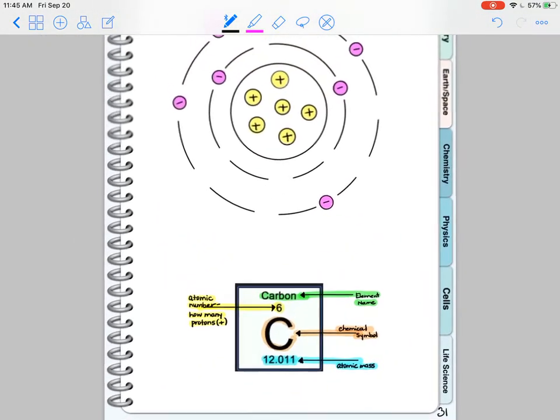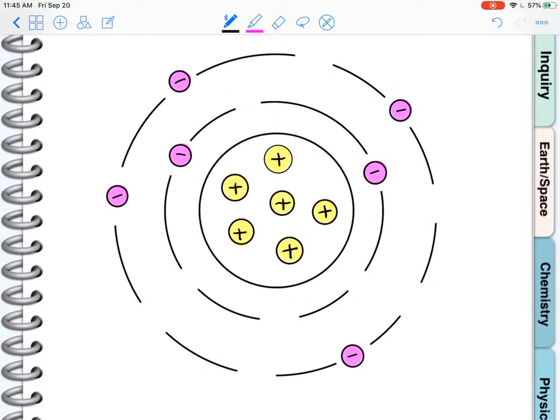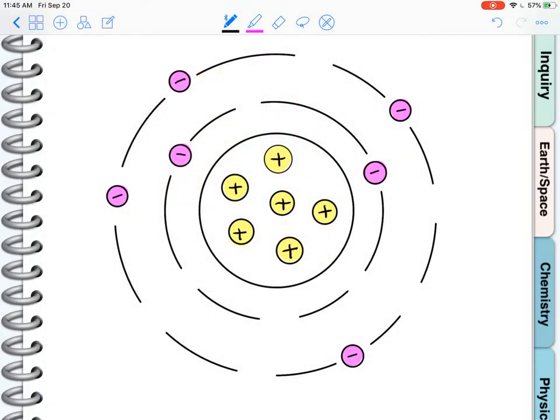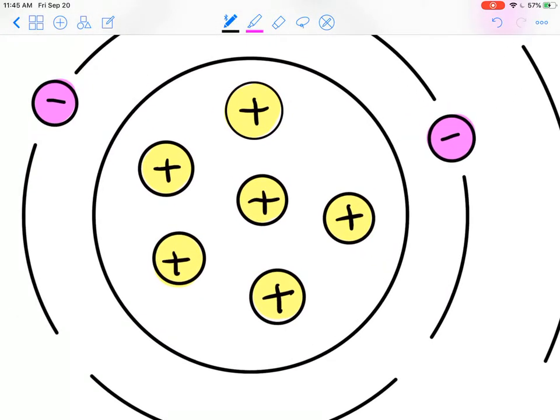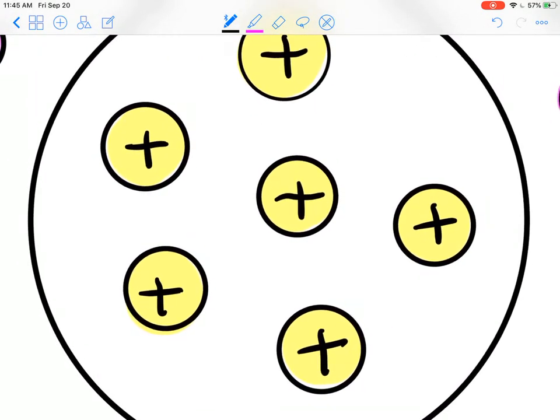So let's come back up here. We need the weight to be in the nucleus, not in the cloud. The weight has to be in the center part. So I've already got 6 in the nucleus. We've already got 6 of them right there.